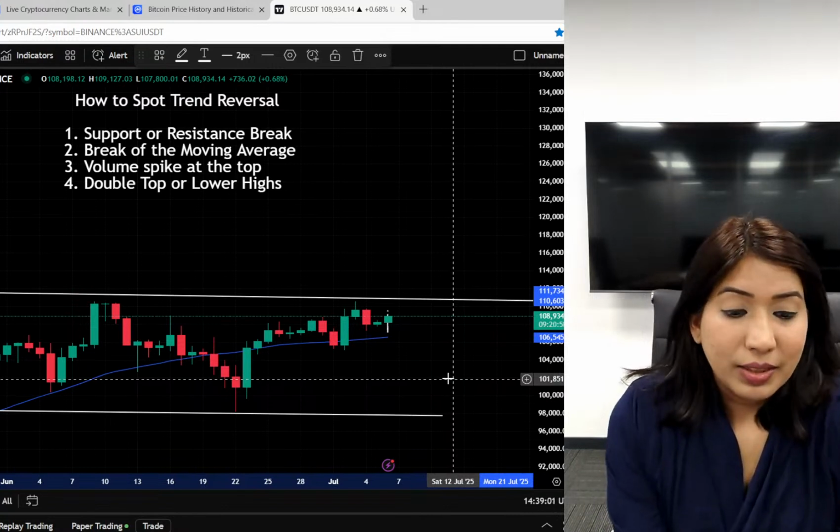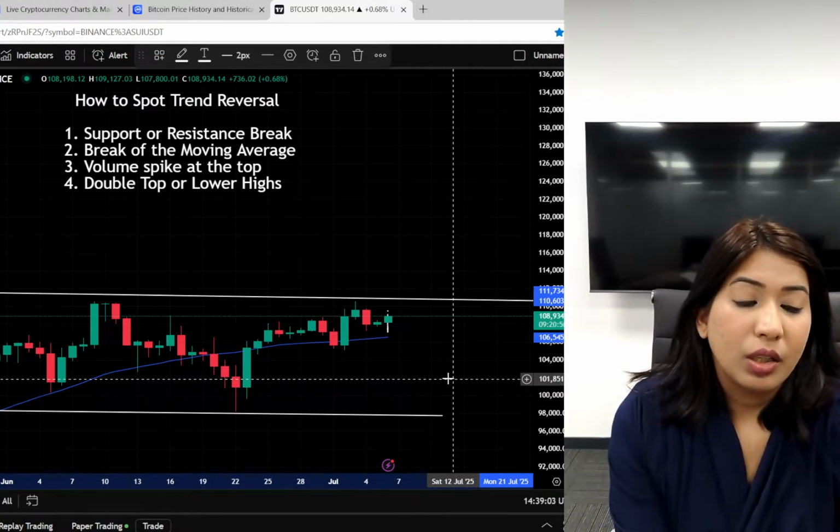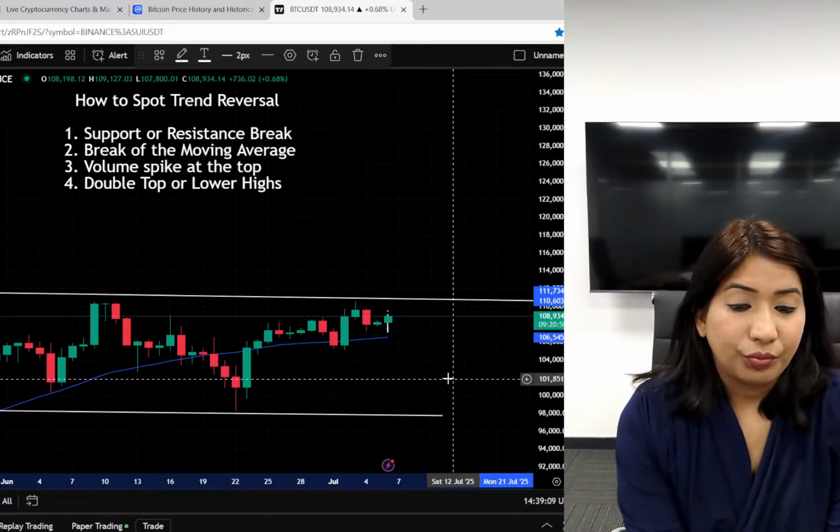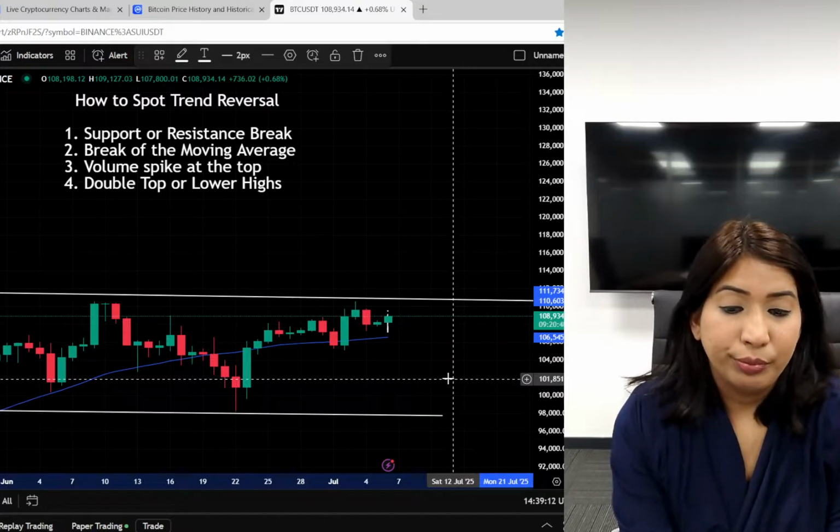So if the price is going to break above this level, the uptrend will continue.